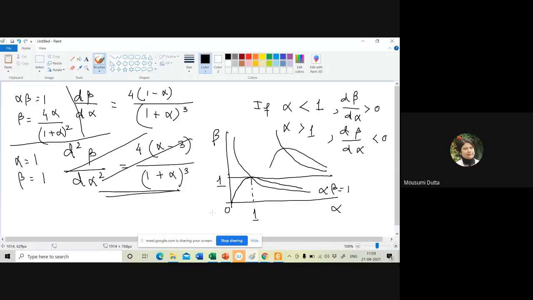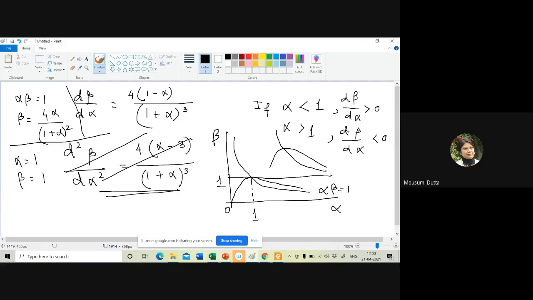Ma'am, the other curve is for what, I couldn't catch. For alpha less than 1, d beta by d alpha is greater than 0.